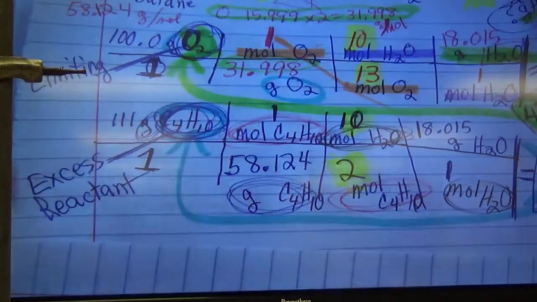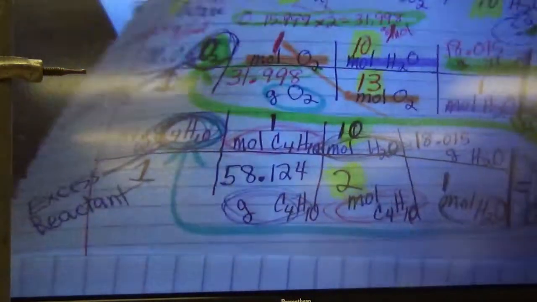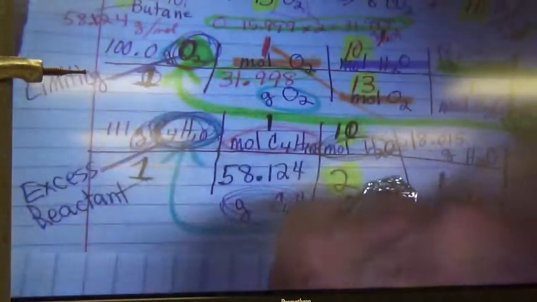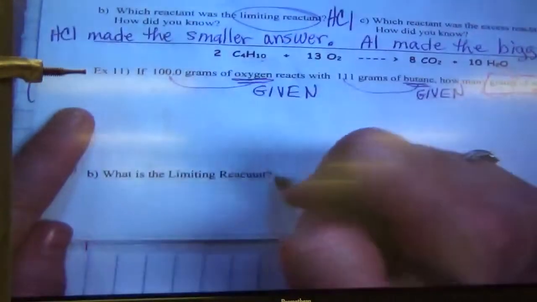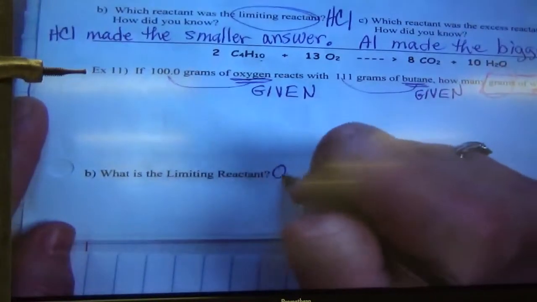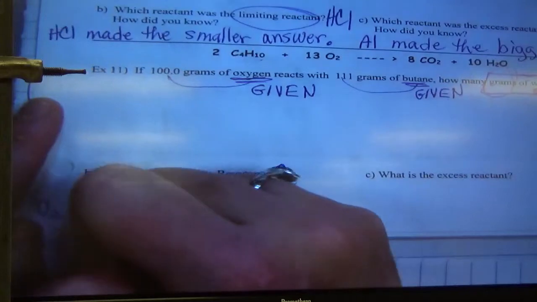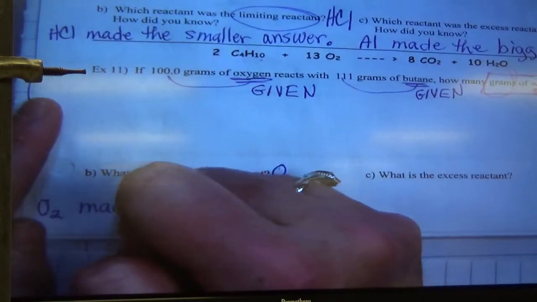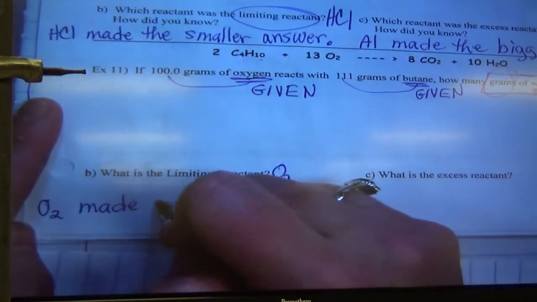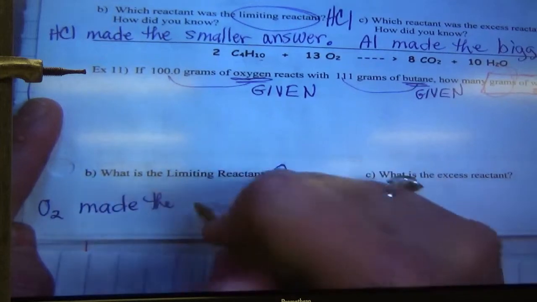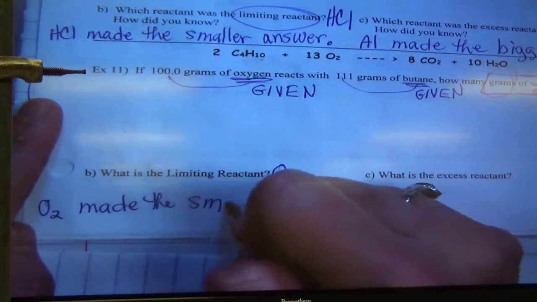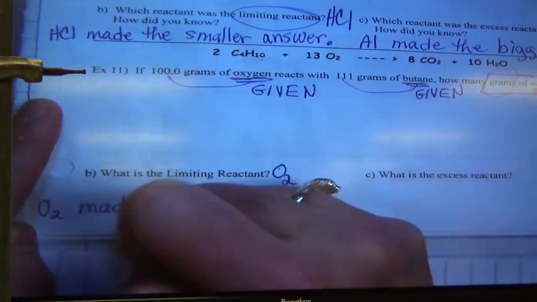Let's write that on our paper. The limiting reactant was oxygen. And we'll go ahead and put Y, because oxygen made, was it the bigger answer or smaller answer? Right, it made the smaller answer.